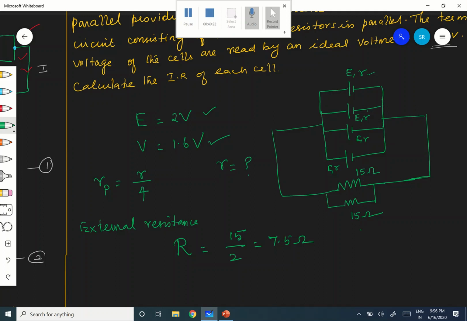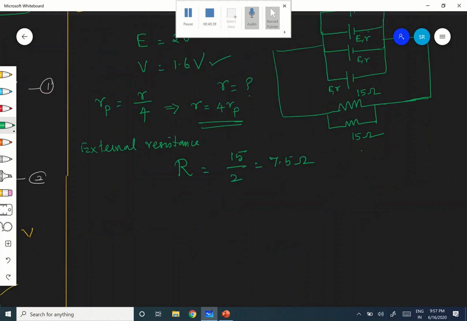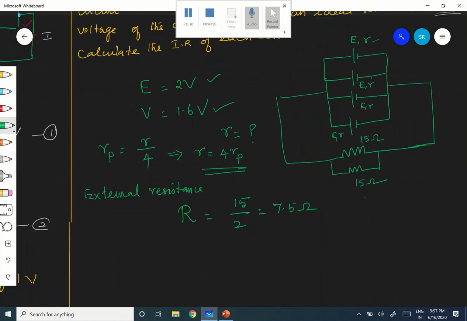Therefore, r is equal to 4 into Rp. Are you following, children? Now, the total internal resistance of all these 4 cells is Rp, and what is the total EMF? Total EMF is nothing but E only.